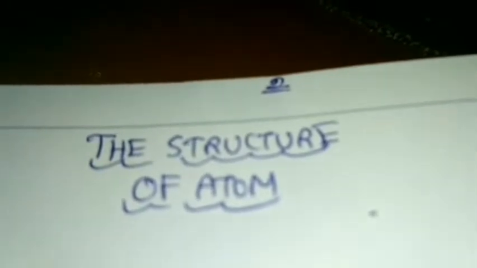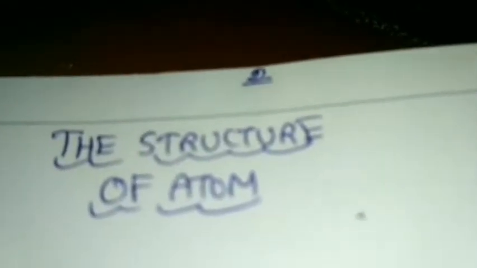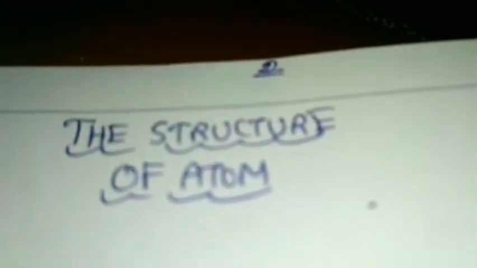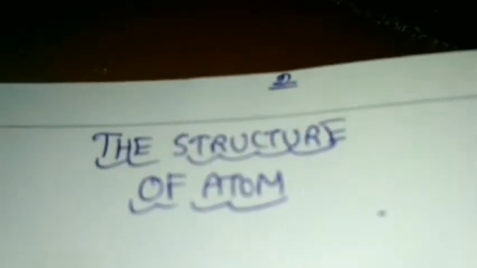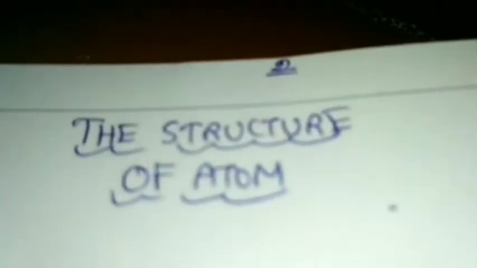Given by Maxwell, actually Maxwell only disproved Rutherford's model. After that, Niels Bohr came into the picture and gave a model. That also, to some extent, failed, and finally we take the quantum mechanical model of the atom.